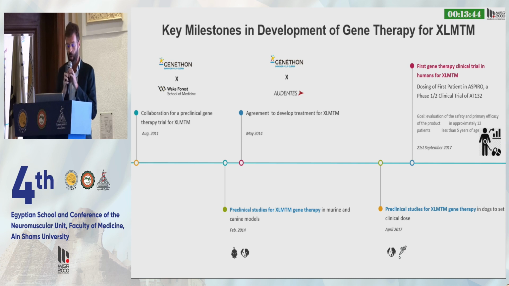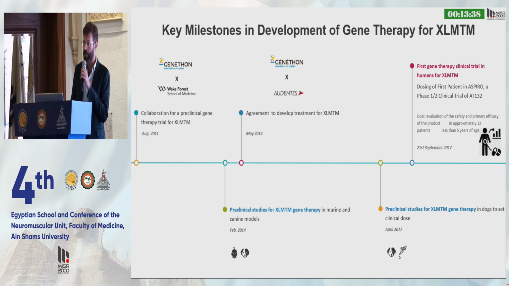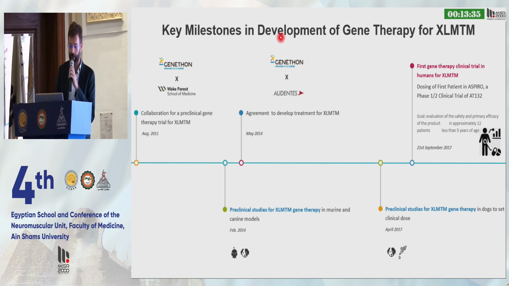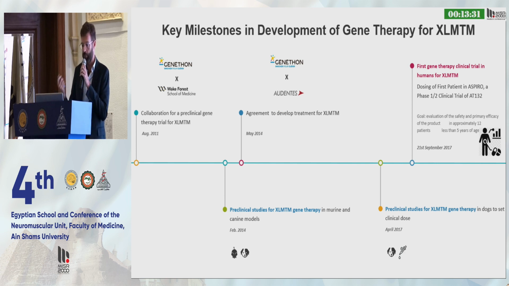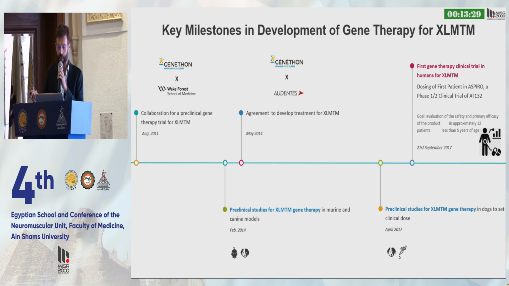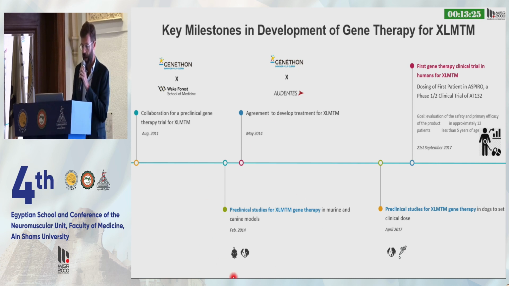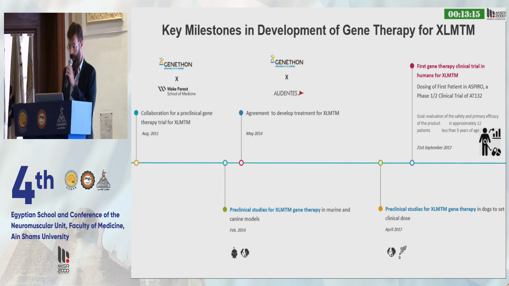What happened? Through a collaboration between Genethon in France, the group of Anna Buj-Bello, and Harvard Medical School, they developed preclinical models, mice and dogs, with this alteration, and they treated them with gene therapy, which led to an agreement with a pharma company, Audentes, to develop a gene therapy for MTM1.